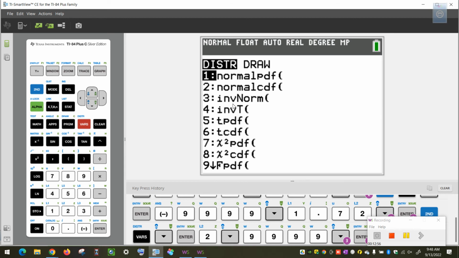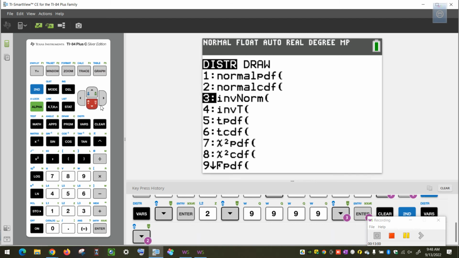We're actually just going to go one line below normal CDF. We're going to go down to option 3. So this stands for inverse norm, meaning it's doing an inverse normal calculation for us. If you think about inverse, that means going the opposite way. So we have the percentage, we want to go backwards and figure out the value that made that. Okay, so let's go ahead and press enter.